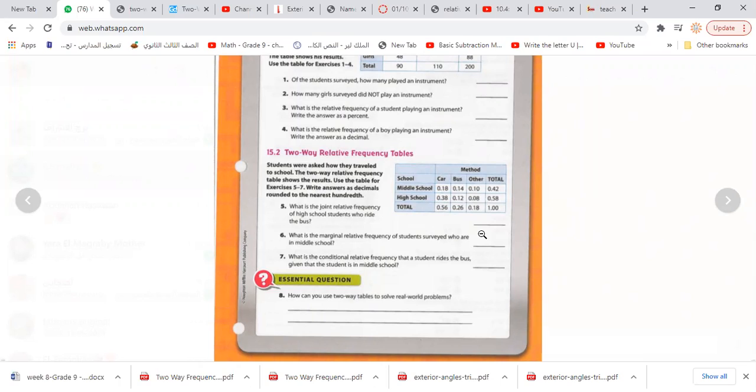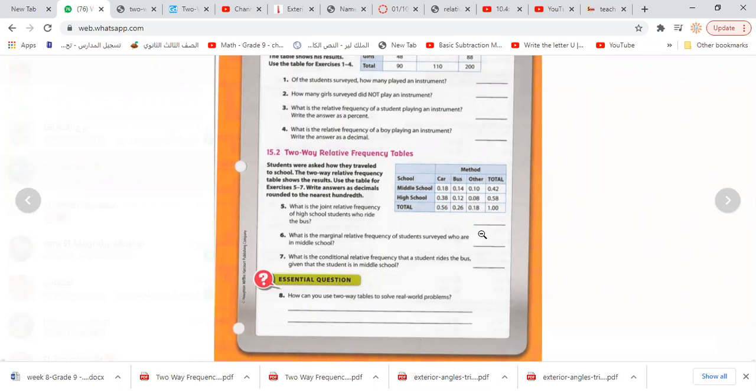That a student rides the bus given that the student is in the middle school. Then you will find the joint relative frequency between bus and middle school. Where is the category?